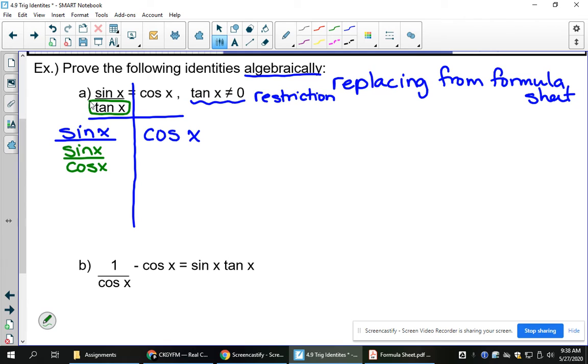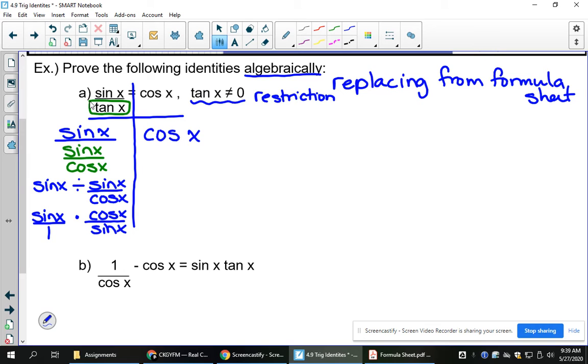Now, how do you divide a fraction within a fraction? We've done this multiple times. You write it horizontally. Top we have sine x, and we're dividing by sine x over cos x. Division of a fraction is multiplication of the reciprocal, so flip it. You can put the secret denominator of 1 under sine if you'd like to see the denominator there.